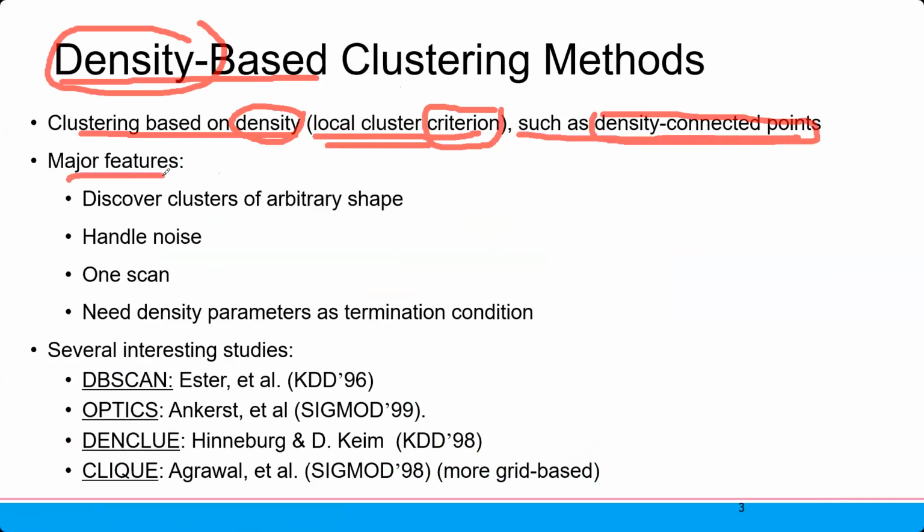The major feature is that we can discover clusters of arbitrary shape. So any kind of shape. If you learned K-means, it has only convex shapes. But with density, you can have any shape.